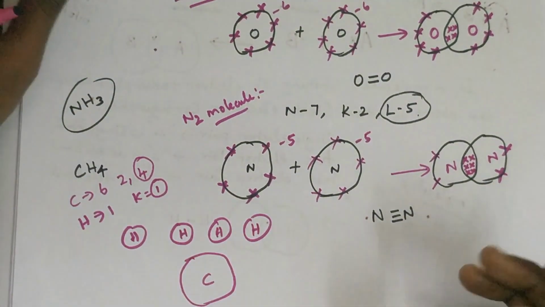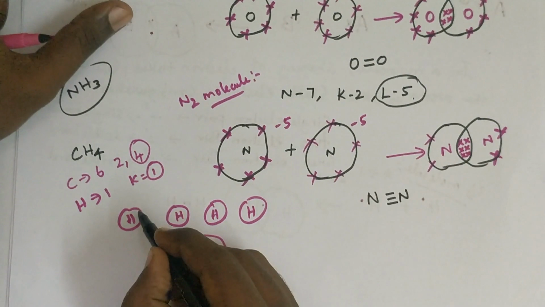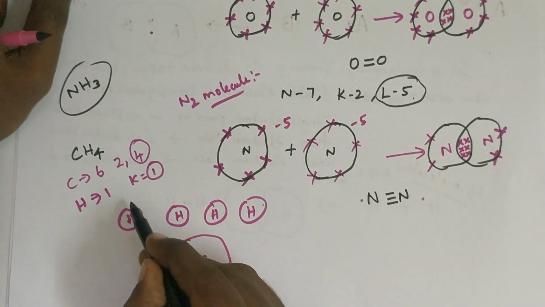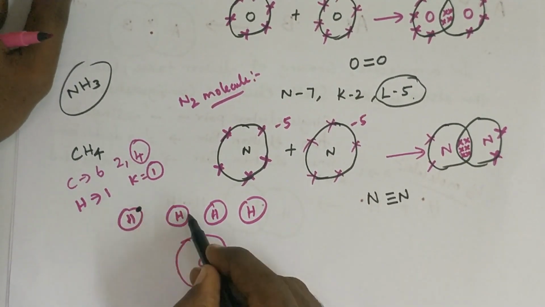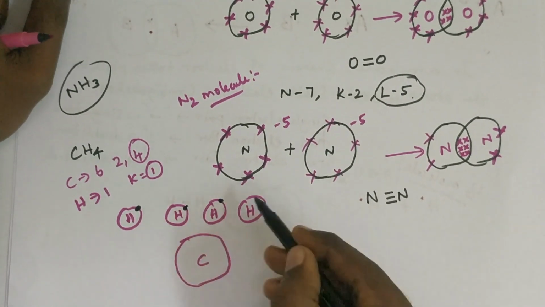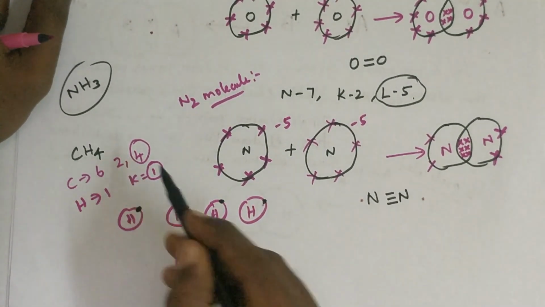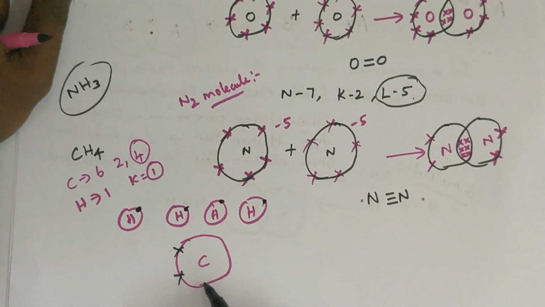Each hydrogen has 1 valence electron. Carbon valence electrons 4: 1, 2, 3, 4.